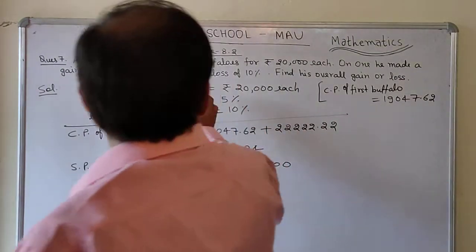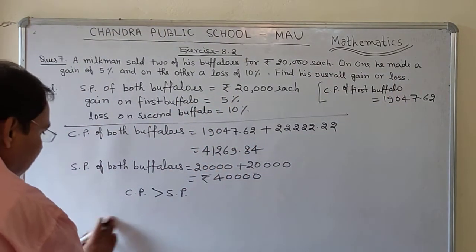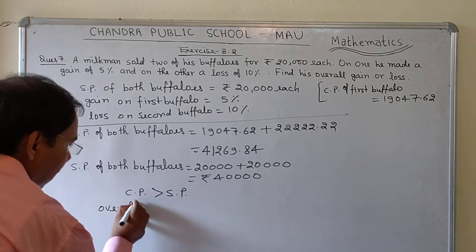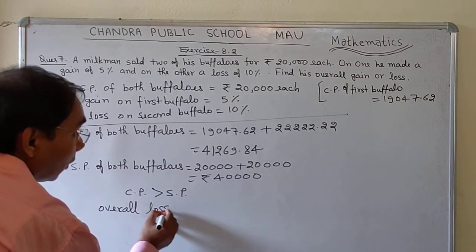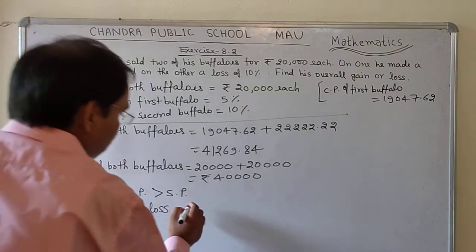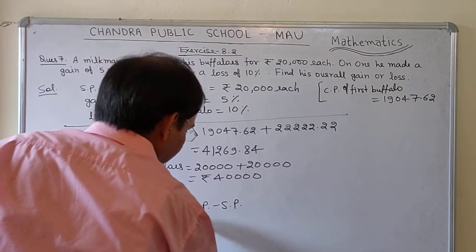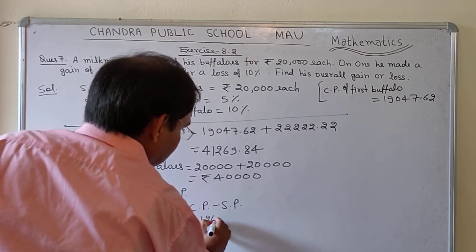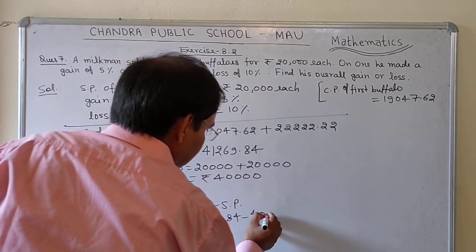In the question we have to find the overall gain or loss. So here he is going to get a loss. So overall loss is equal to CP minus SP. Here it is equal to 41,269.84 minus 40,000.